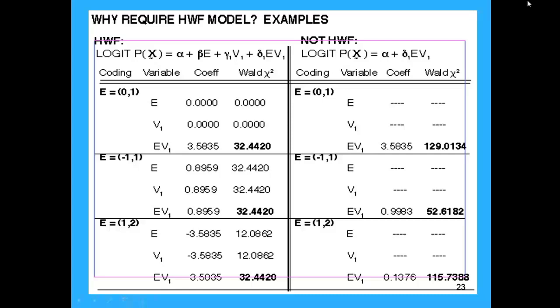However, if I use this model, do I get the same answer? No. In fact, each of these 3 is significant, so either way I got a significant result. But depending upon the data, one of these might be non-significant. But I can't get a difference if I have a hierarchically well-formulated model. That's why it has to be hierarchically well formulated.